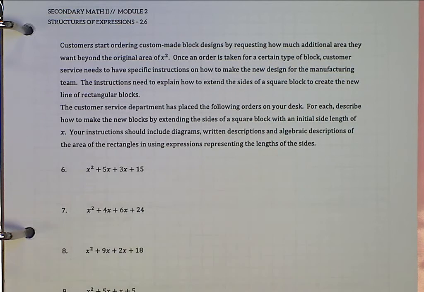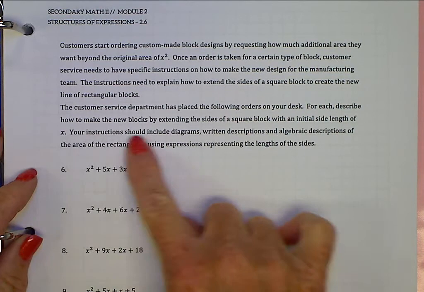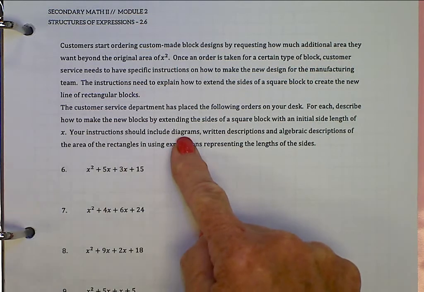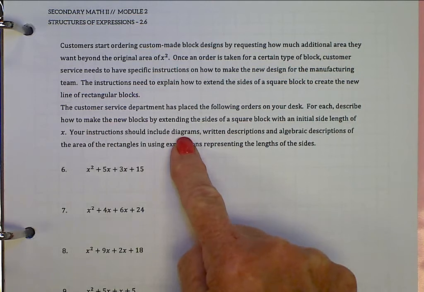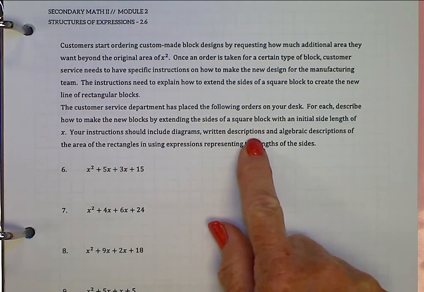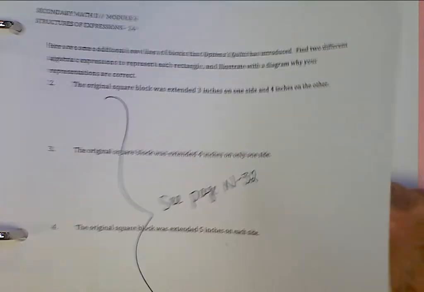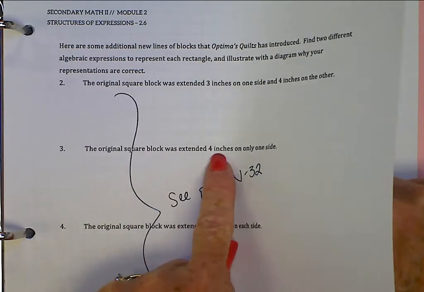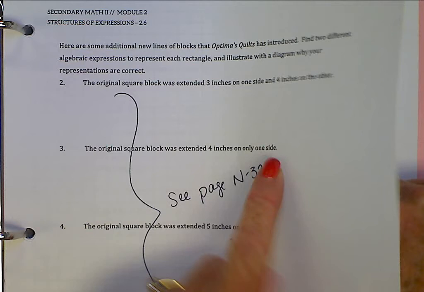Your instruction should include diagrams. That's telling you we're going to have to go to page N33 for diagrams over here. Written descriptions, kind of like what they did over here on page 32. The original square block was extended by 4 inches on one side.